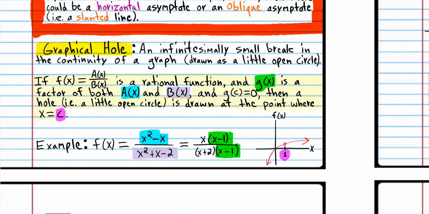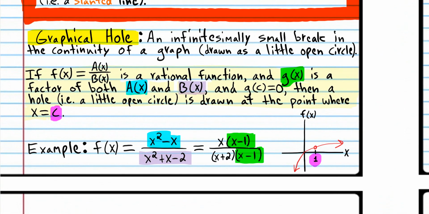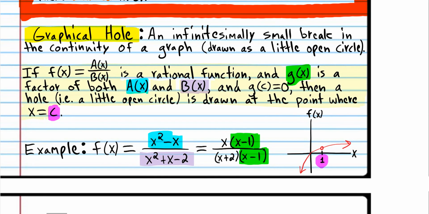Okay, so holes appear when you have a factor in the numerator and the denominator that are the same. So again, this is a function that is not in lowest terms because you have a common factor. So these green factors can disappear and you're left with this function.